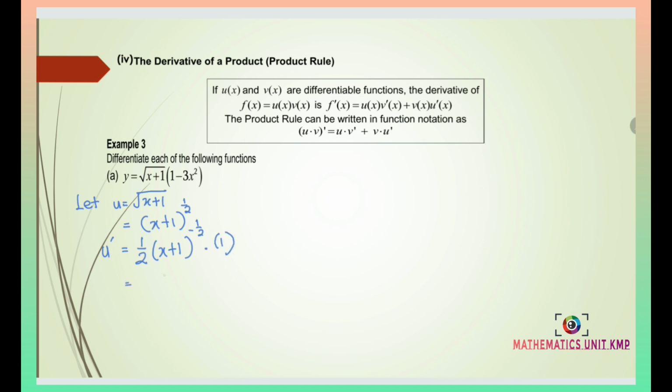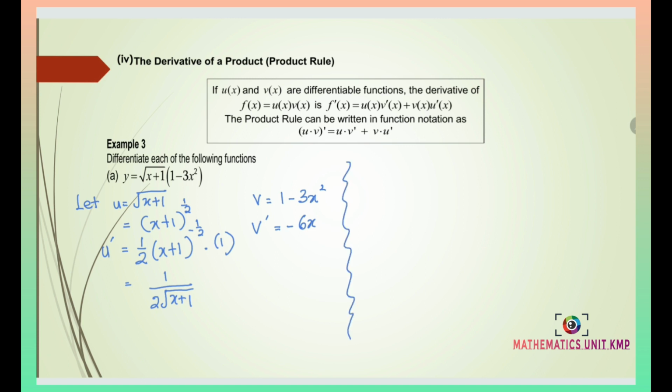Then we write 1 over 2 square root of x plus 1. After that, we let v equal (1 minus 3x) squared. We differentiate v, we get negative 6x.